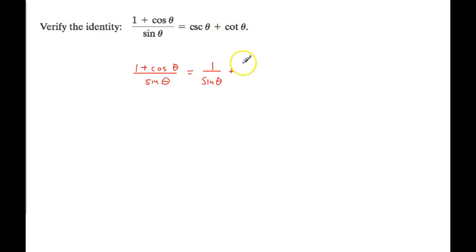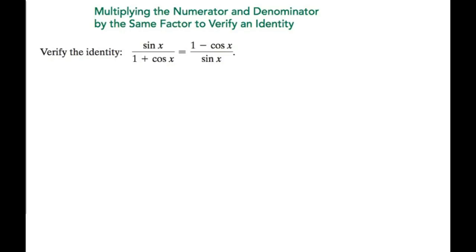Cotangent is cosine over sine. And you see just by rewriting things in terms of sines and cosines, I get this expression. I just have to combine the numerators over the common denominator. So a lot of times all we have to do, to get the ball rolling in the right direction, is switch everything to sine and cosine, and a lot of times we'll just be able to see, this is what I need to do from there.